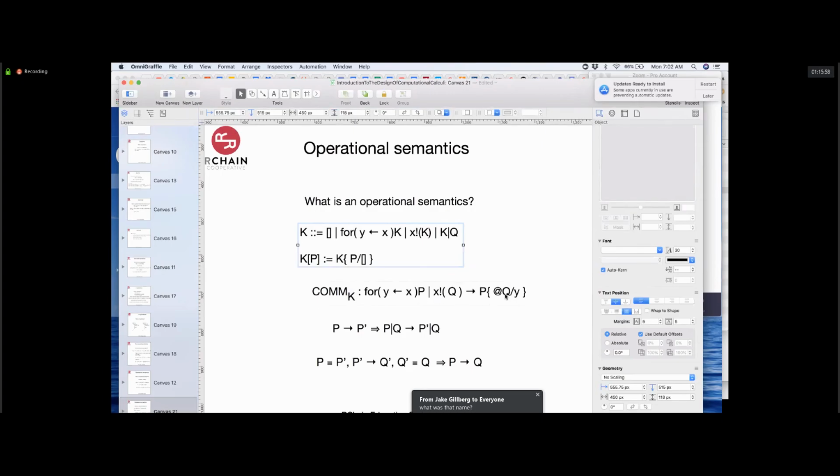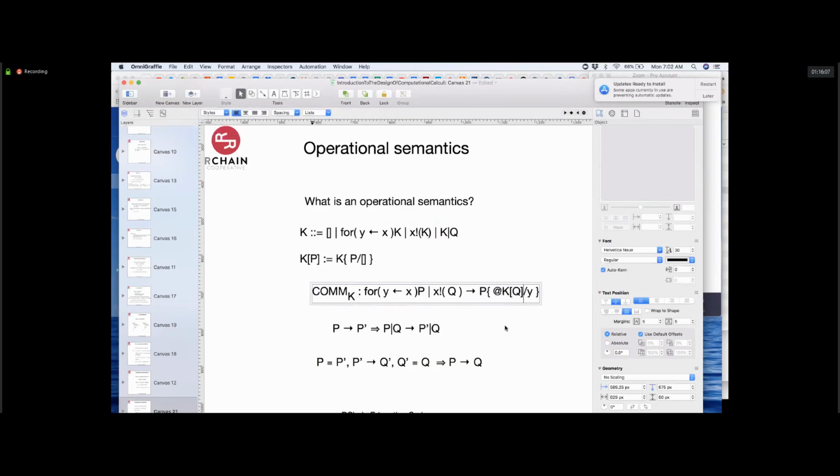Okay, and here what we do is put k of q. So when we interact here, we wrap k up in the context, and then we put the code of that for y.